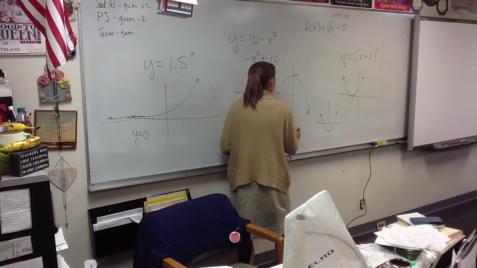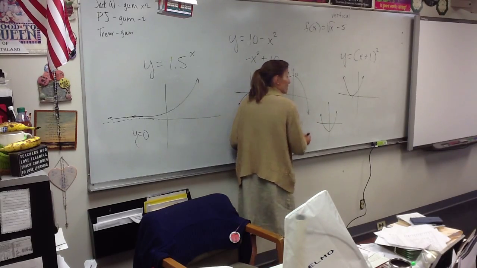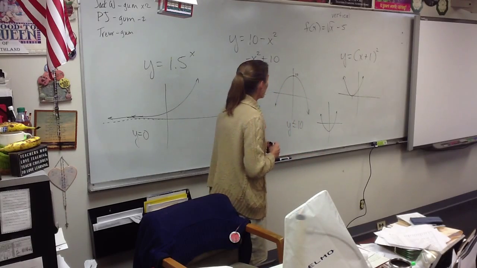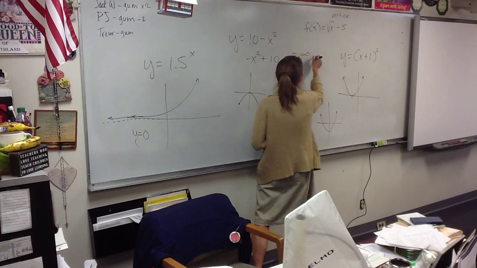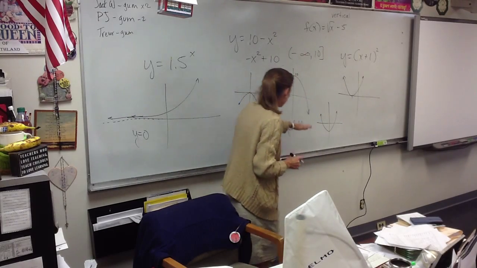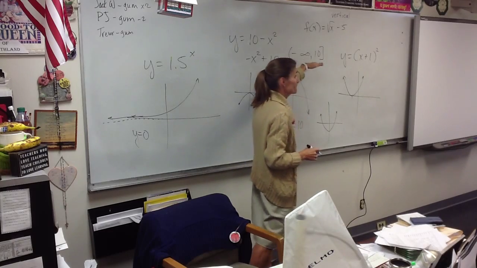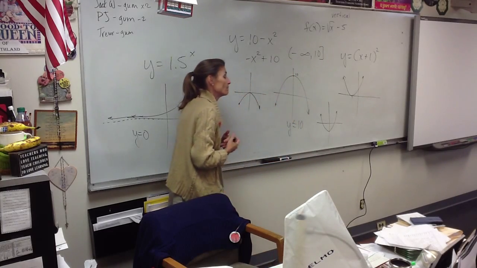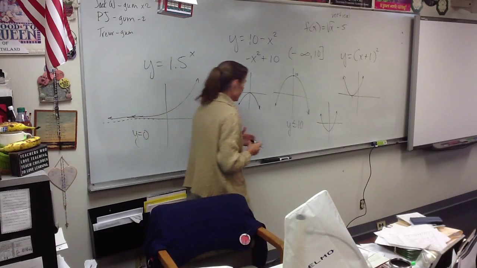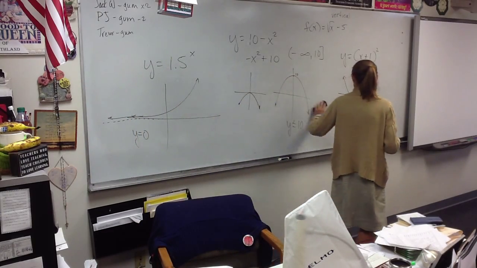You could say all my y's are less than or equal to 10. That would be a good way of writing your range. Or you could say I'm going from negative infinity to 10 if you wanted to use your interval notation. From negative infinity all the way up to 10. 10 is the highest point. These BFFs are awesome. They help us do so many problems.